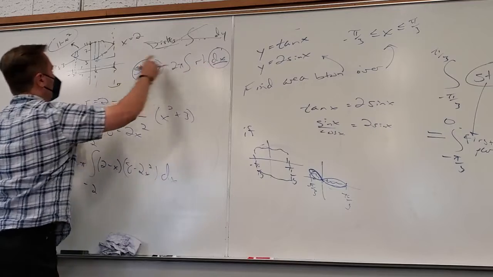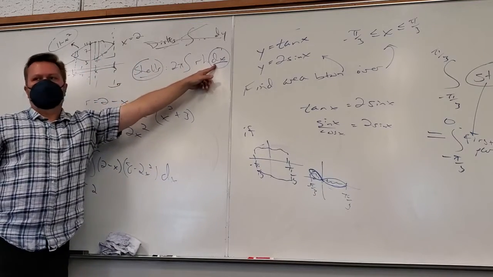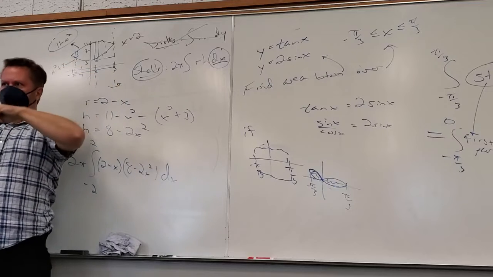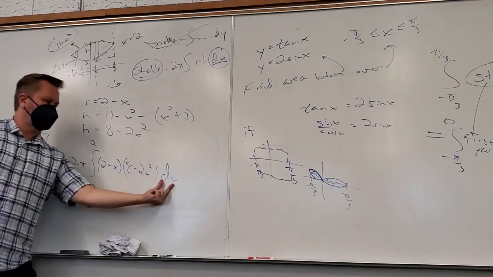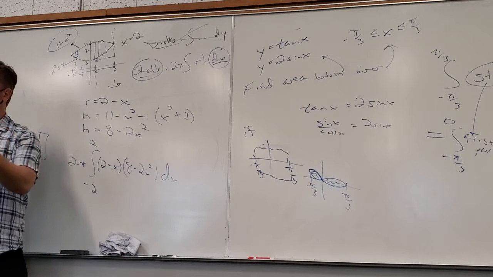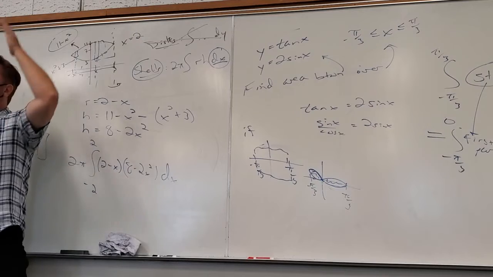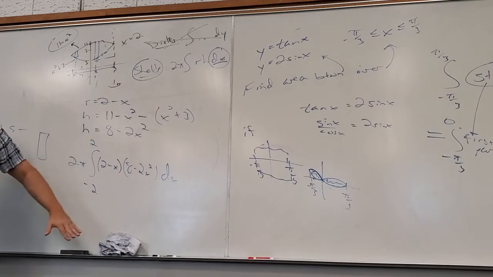Oh, it's dx. What's the x doing? That's why you write this down so you can always go back to it. Does that make sense? And these are both functions of x, thank God, because that's dx, right? So there's a bunch of little checks and balances. They're supposed to help you, not be extra things you have to worry about. Write that down and it keeps you on track.